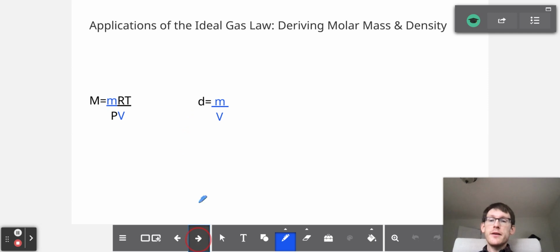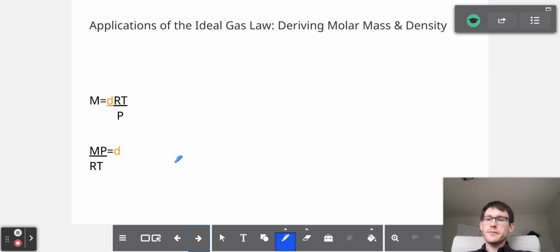So again, we can do a substitution where density takes the place of mass over volume, and we get that the molar mass of a gas is equal to its density times the gas constant times the temperature, divided by the pressure. Rearranging from there, we can get that density is equal to the molar mass times pressure divided by the gas constant times the temperature.